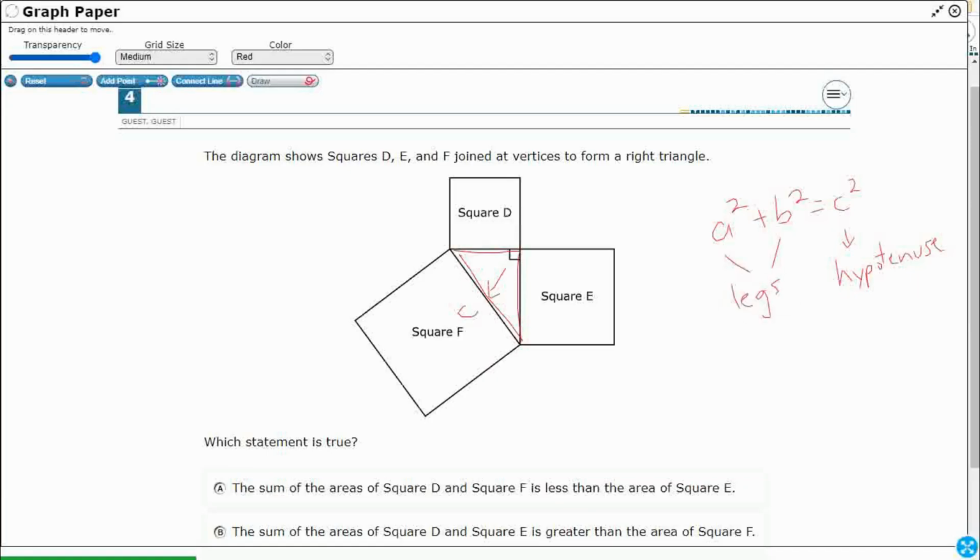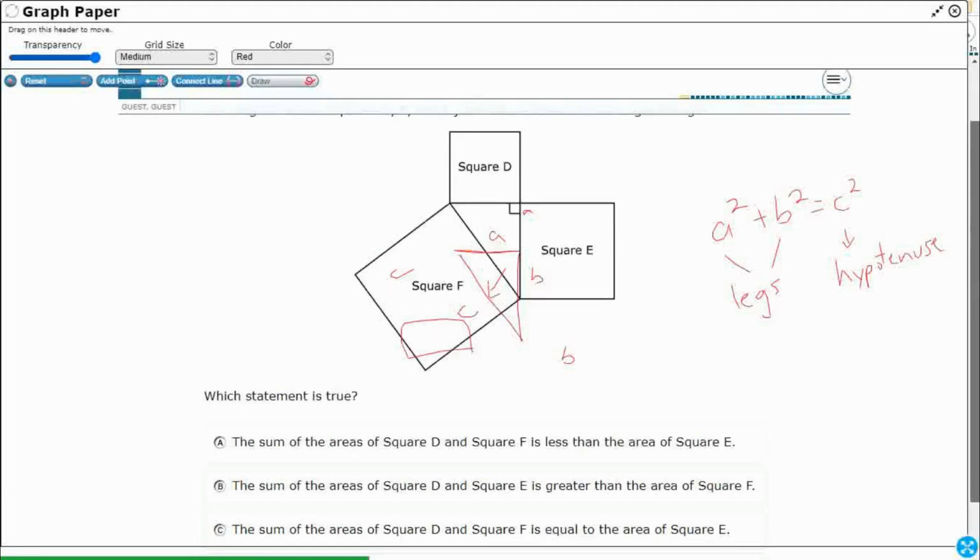So we can make that a, we can make that b. And then the reason we have squares is because, right, if that side length is a, then that's also going to be a, and so we can do a times a squared, literally makes a square. This would be b times b, and this would be c times c. So if we could match up square f with this c, then we can come down here.